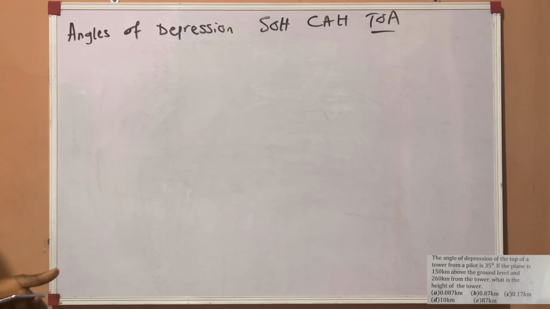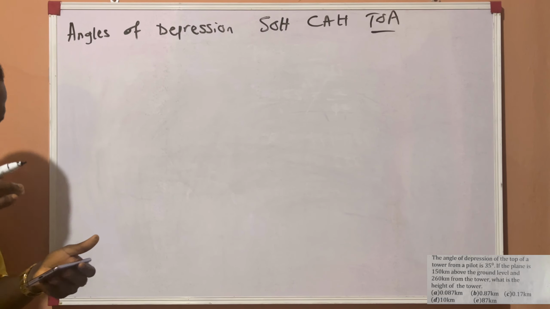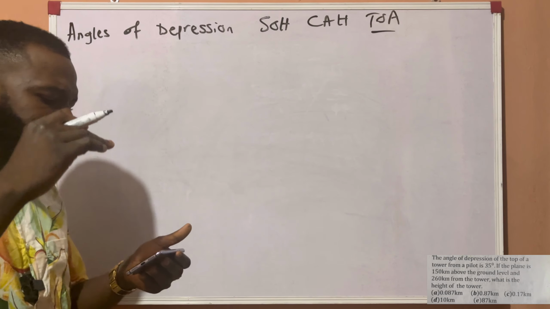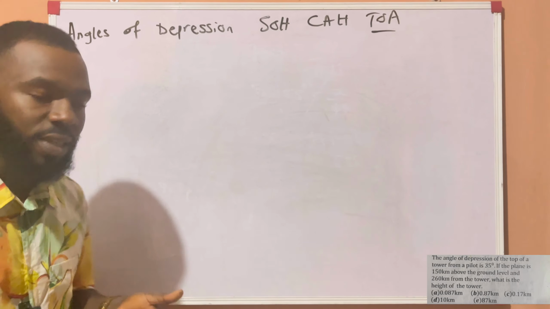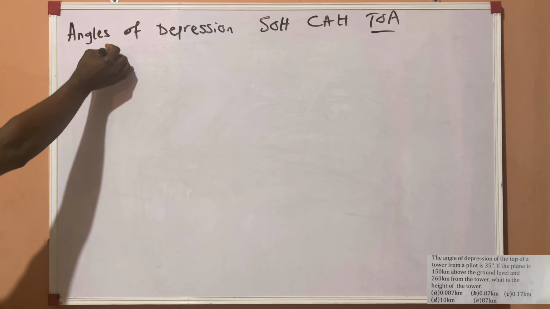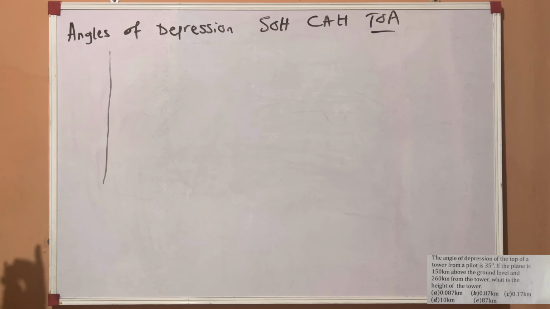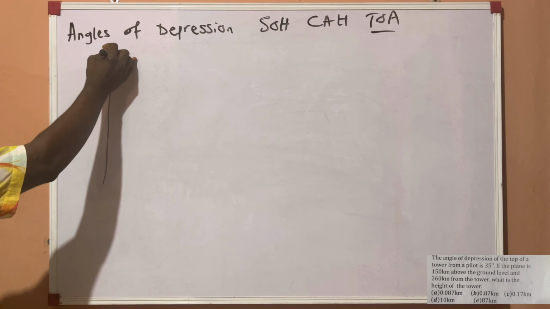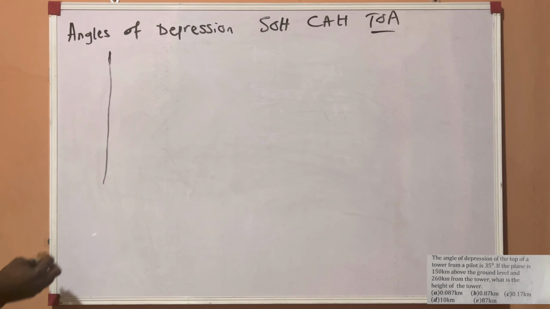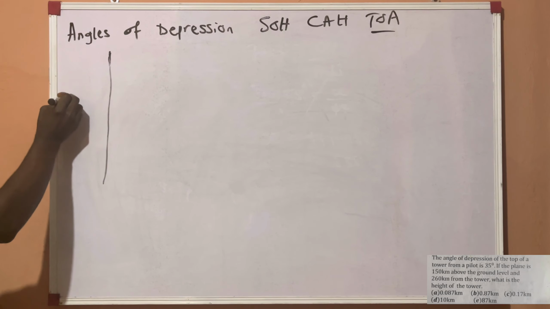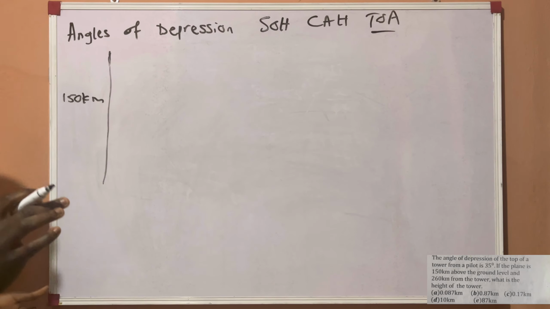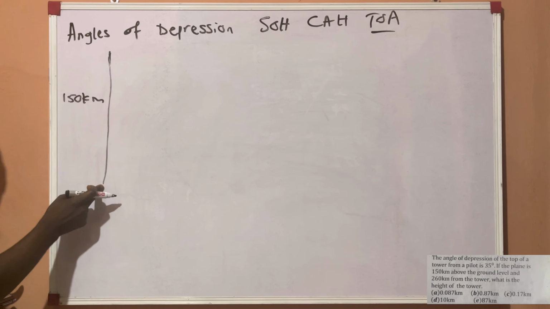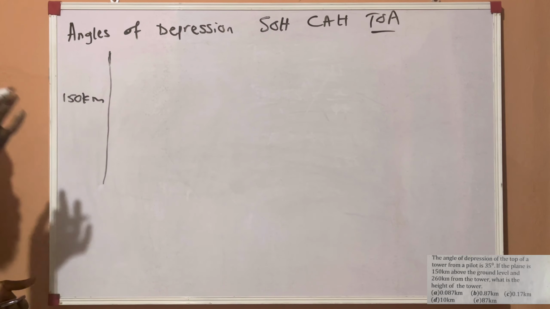Now, let us see something here. We were told that the distance between the pilot and the ground level was 150 kilometers. Let us say this is the height, 150 kilometers. Now, don't forget that if this point is the ground level, there was a tower.